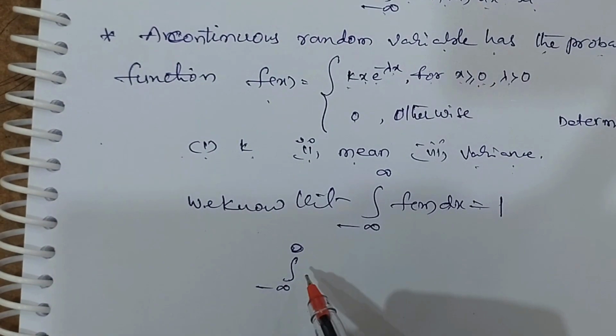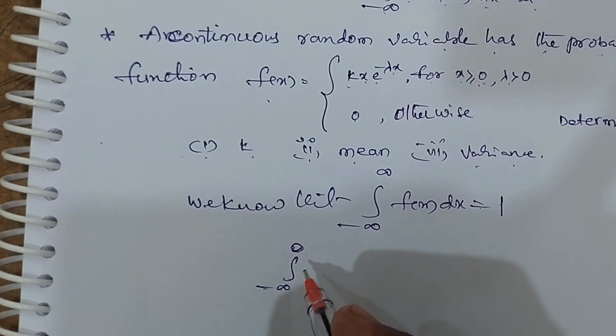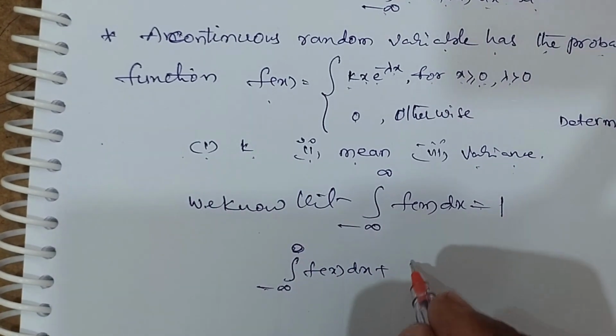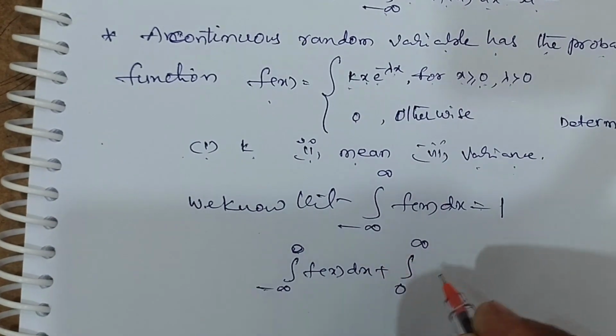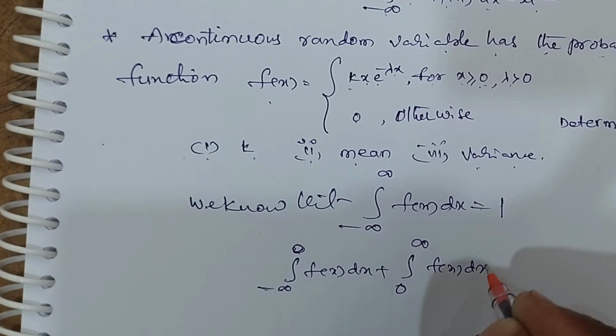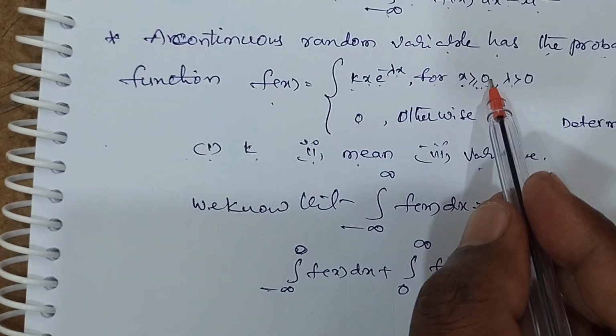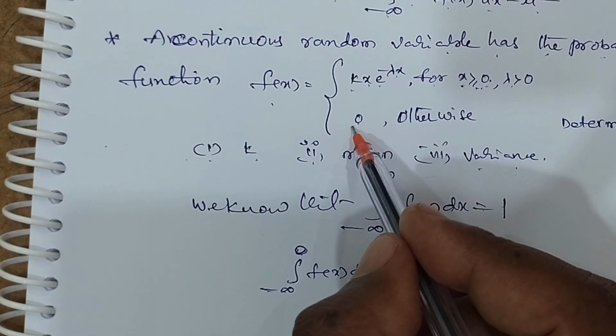So the integral from minus infinity to 0 of f of x dx, plus the integral from 0 to infinity of f of x dx, is equal to 1. In the problem, for x greater than or equal to 0 there is one function and in other cases it is 0.